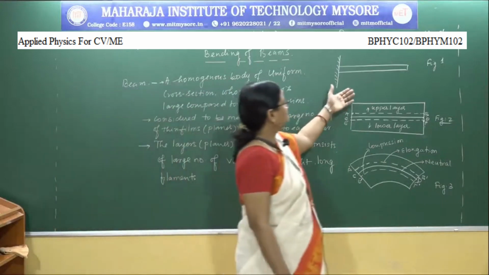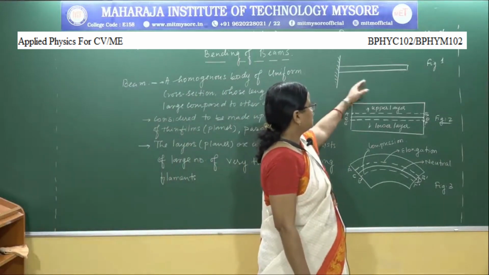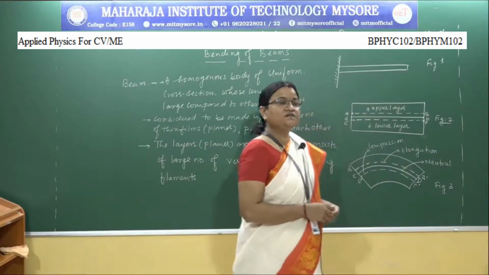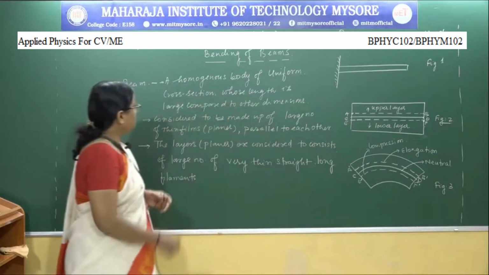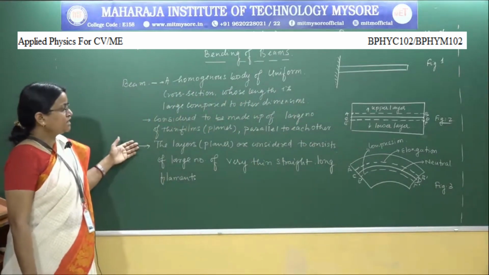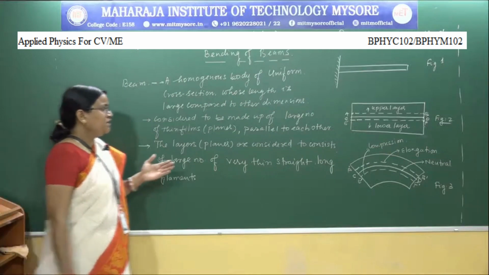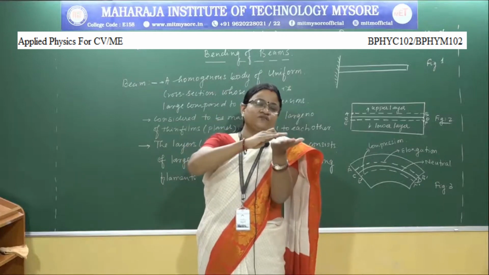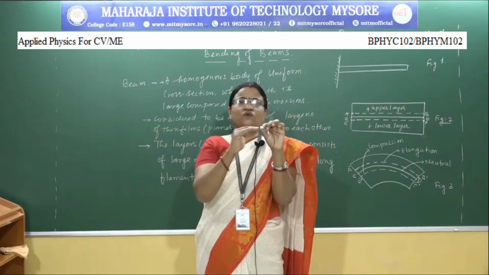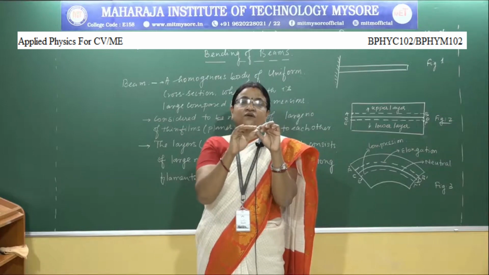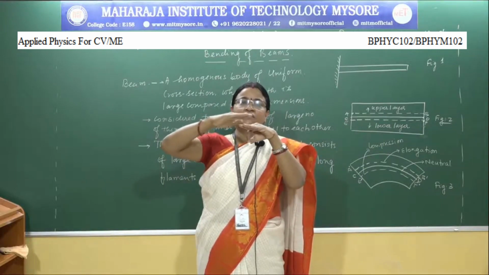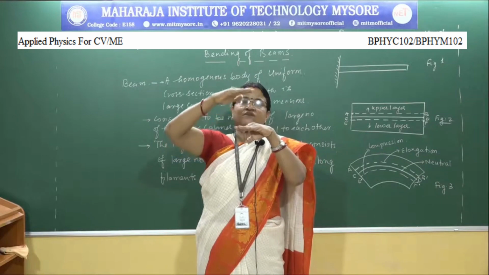So the beam is, one end is fixed to a rigid support and the length is large compared to the breadth and thickness. Now these beams we consider to be made up of a number of thin films or planes parallel to each other. If you consider one body, cut it into very thin film planes. It is like placing one slab above the other, parallel to each other.